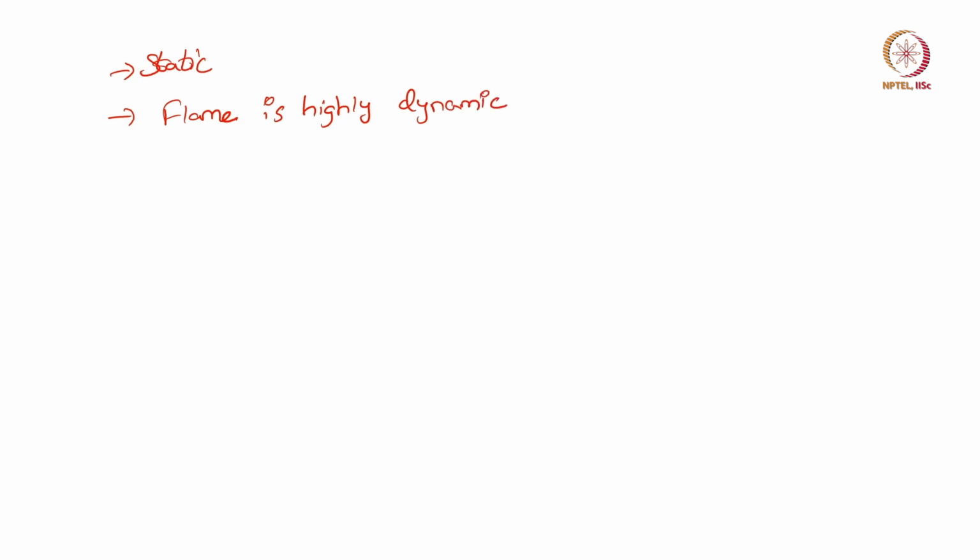This means we need to adjust the camera settings to capture these fast changing phenomena accurately. Specifically, we will use a lower exposure time or a higher frame rate.